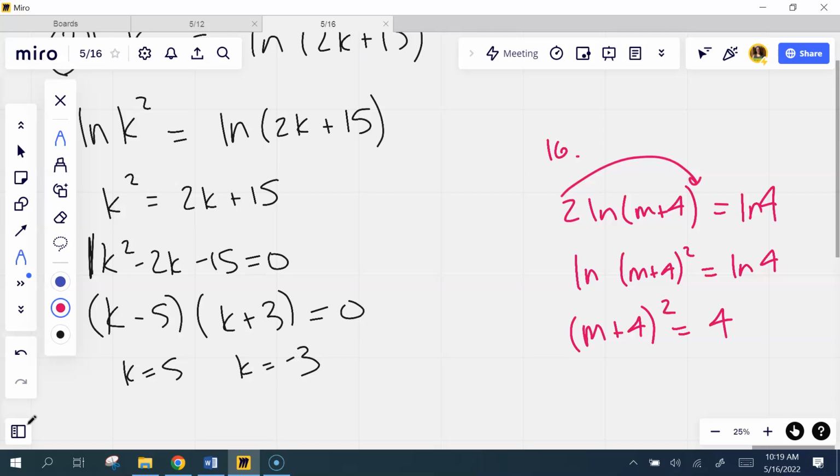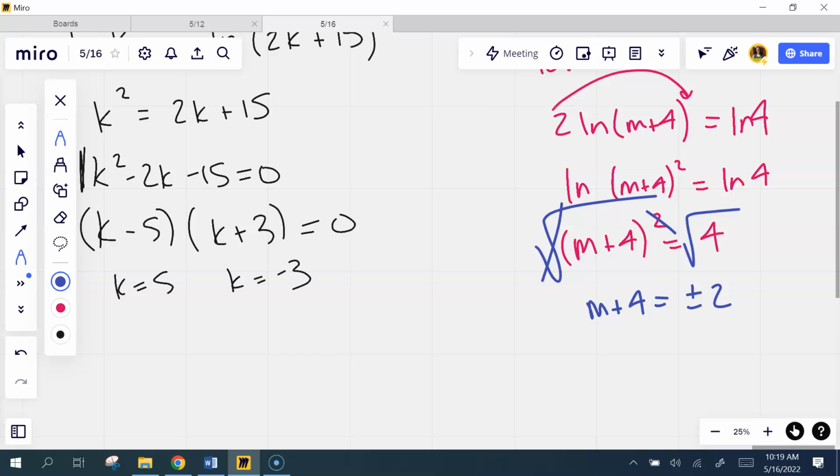And what you can do now, instead of actually FOILing that out, you can just solve from here. You can square root both sides and then subtract 4. Because the variable's only written one time, I can work my way back out of it. You'll have 2 solutions, because that's a plus or minus 2, and then you'll just subtract 4.